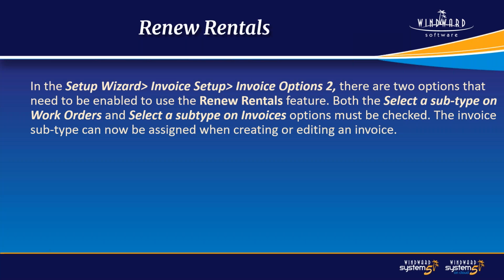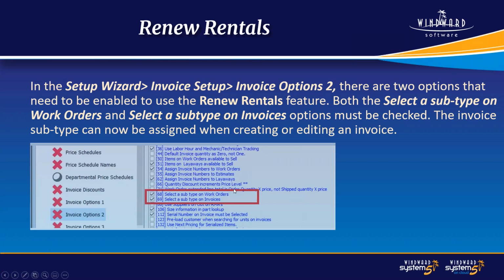The invoice subtype can now be assigned when creating or editing an invoice, and that can be seen in the image below, under invoice options, 68 and 69. Once you enable those two, you'll be able to add a subtype to a work order or an invoice if you'll be using accounts receivable when you renew.